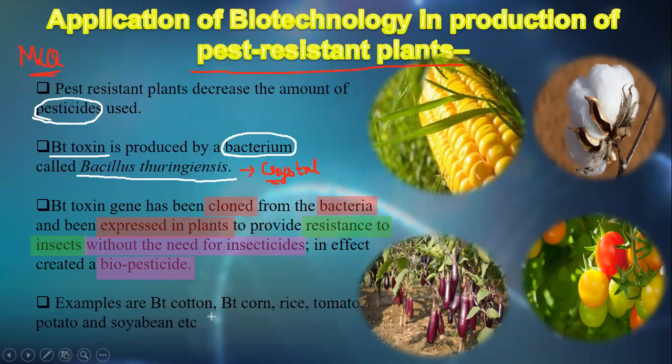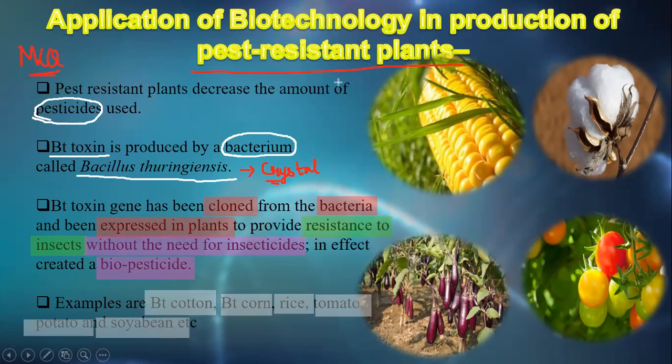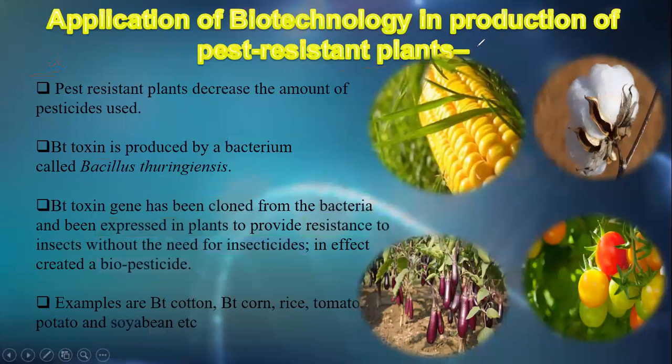The examples include Bt cotton, Bt corn, Bt rice, Bt tomato, Bt potato, Bt soybean, etc. Bt corn, Bt cotton, Bt brinjal, and Bt tomato. Clear? All are provided in pictures.